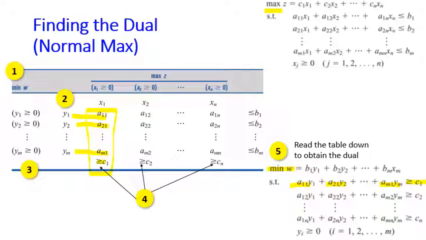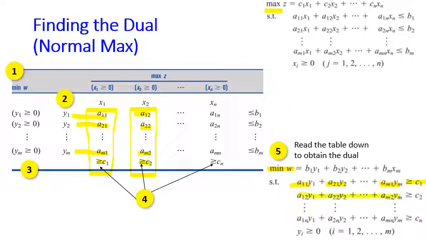For the second constraint, it's very similar. You just look at the second column. Okay, and then a12 times y1. Don't forget to multiply it with the corresponding dual variable. a22 times y2 up to am2 times ym greater than or equal to c2.